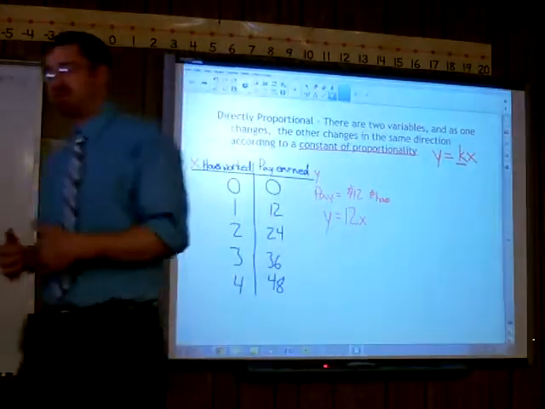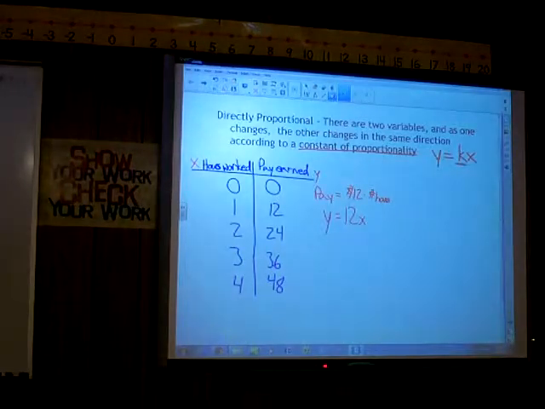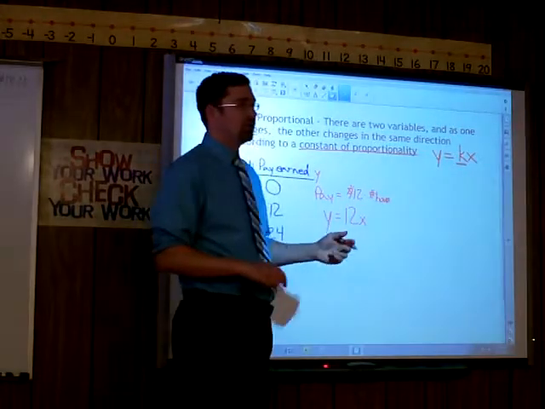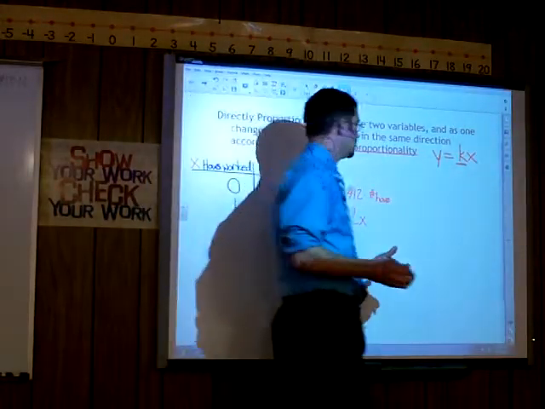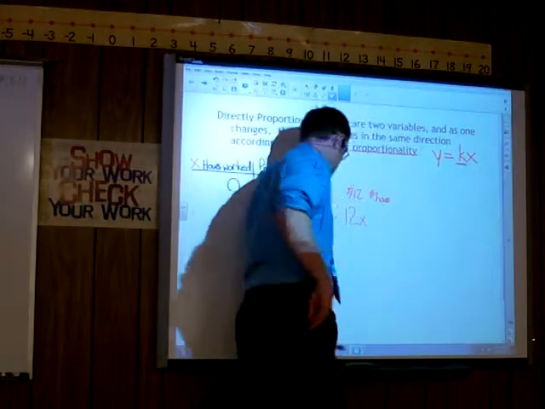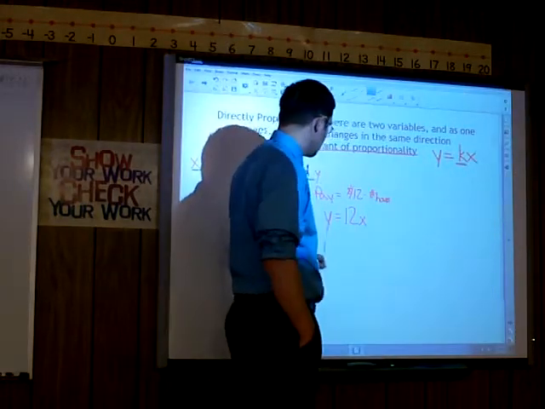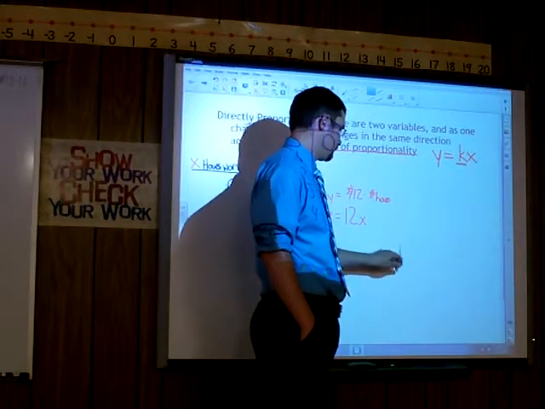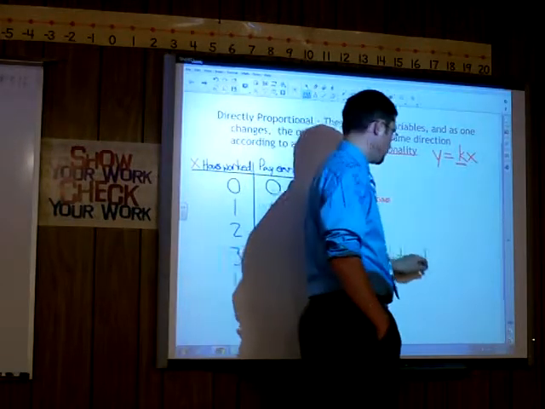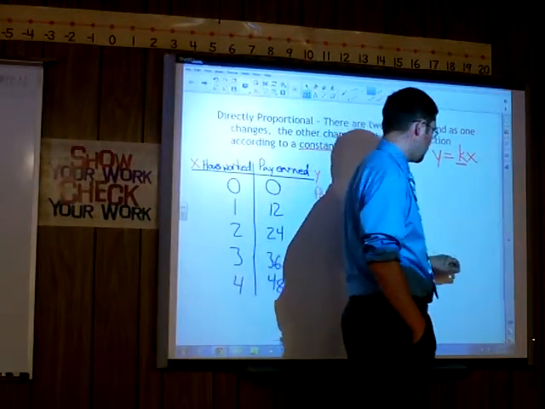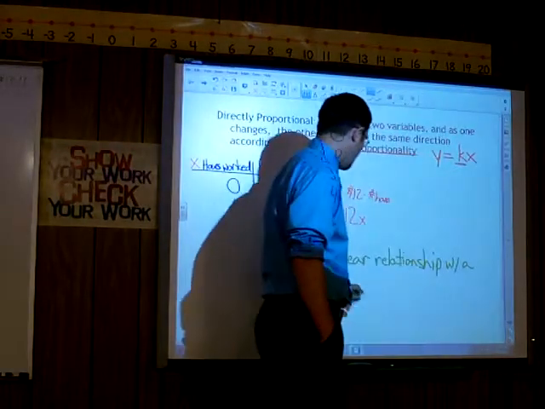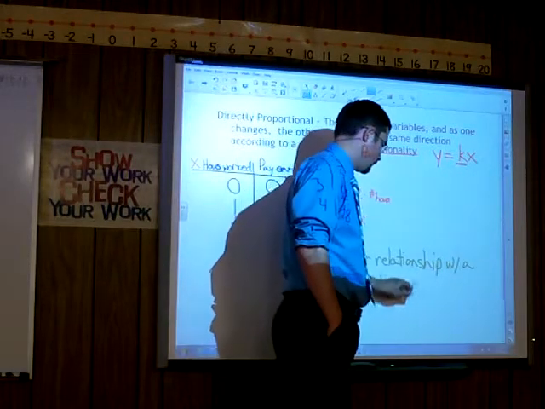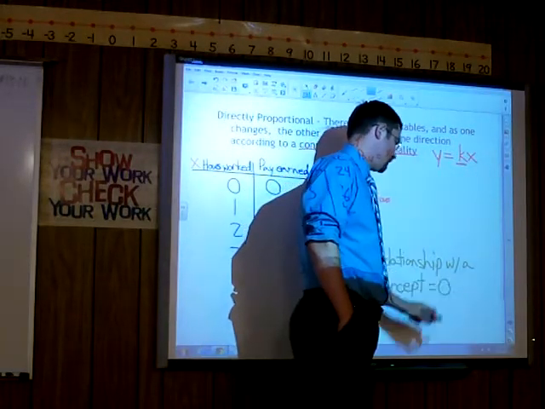Basically, when we're talking about something being directly proportional, we're talking about something that has a linear relationship with a y-intercept equal to 0.